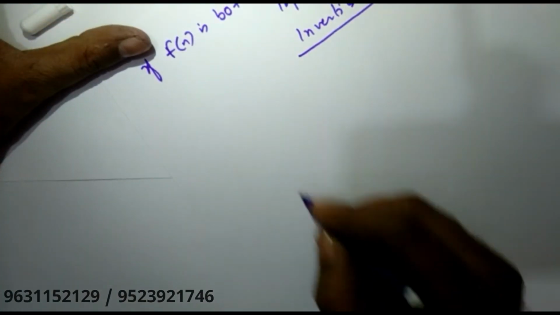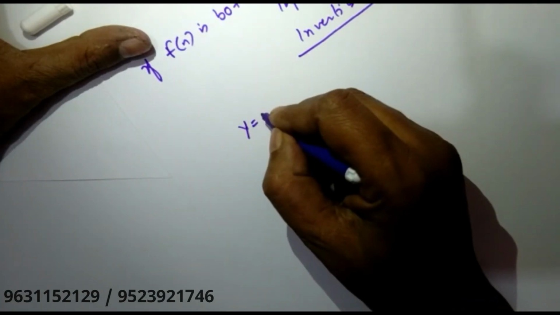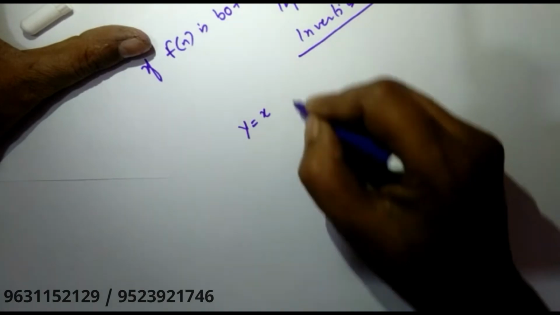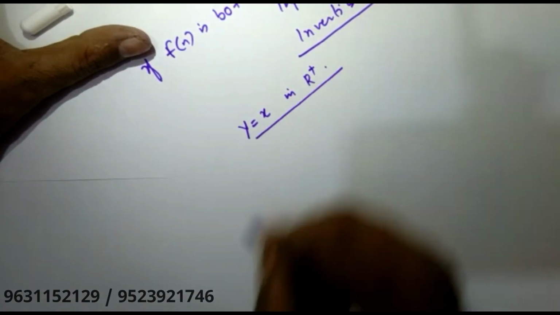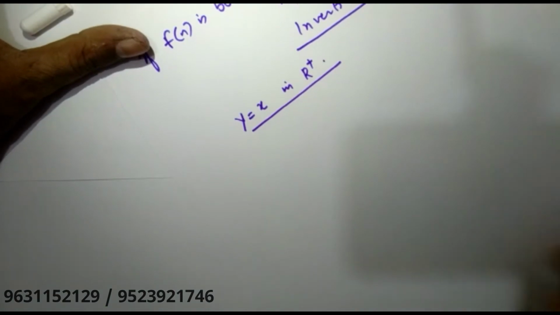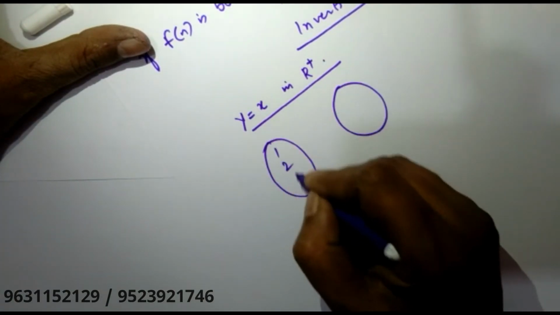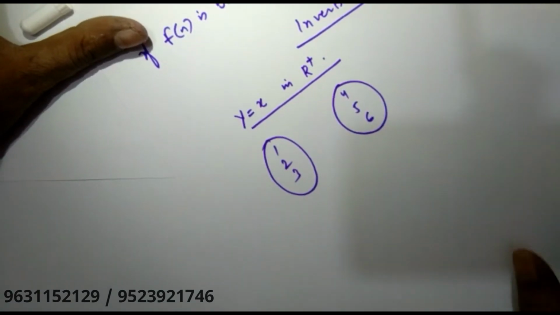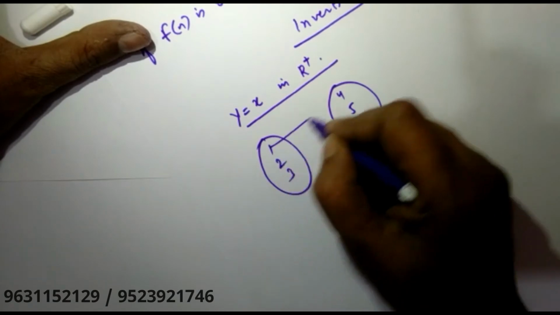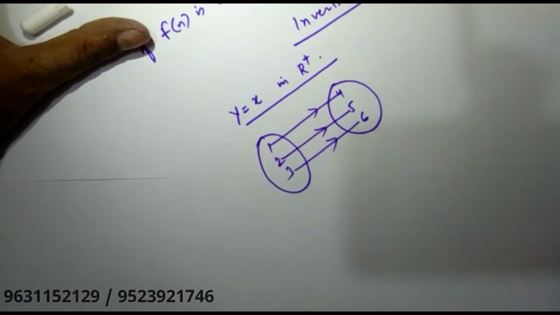For example, let y equals x, x in R plus, it has its inverse. For example, let this function, that is 1 2 3 and 4 5 6, let your mapping be 1 goes to 4, 2 goes to 5, 3 goes to 6.